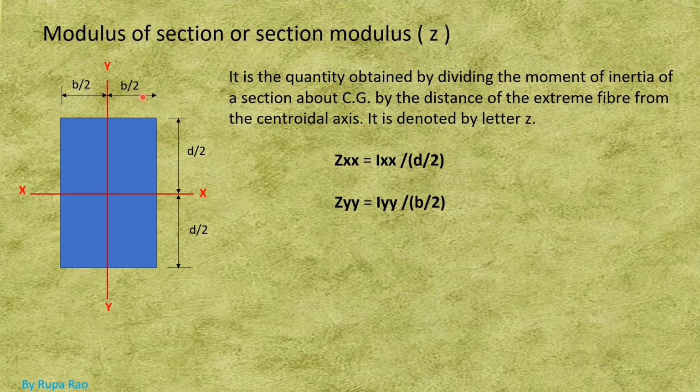So it will be Iyy divided by the distance of extreme fiber, which is b by 2. So Iyy divided by b by 2 will be Zyy. This is how we define section modulus, and more we will see when we do the calculations.